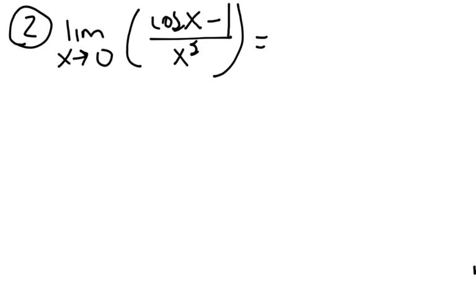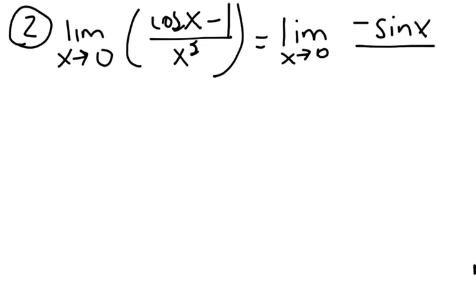So, I'm going to take the limit as x approaches 0 of, now I'm going to do the derivative of the top and the derivative of the bottom. The derivative of the cosine of x minus 1 is negative sine x over the derivative of x cubed, which is 3x squared.